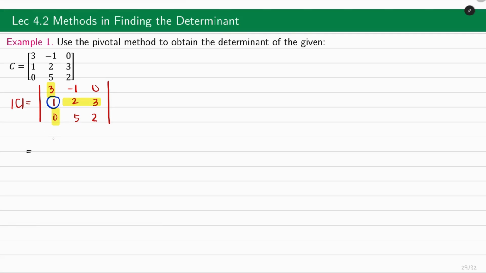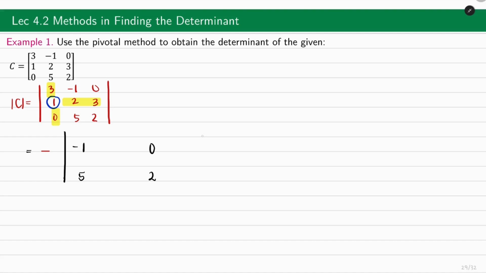We have here the locator. The pivot is in the second row, first column, so that is negative. The remaining elements are negative 1, positive 5 that are not shaded out, and then 0, and then 2.